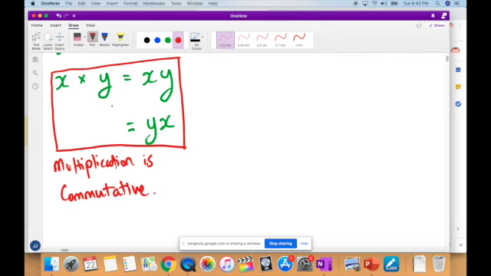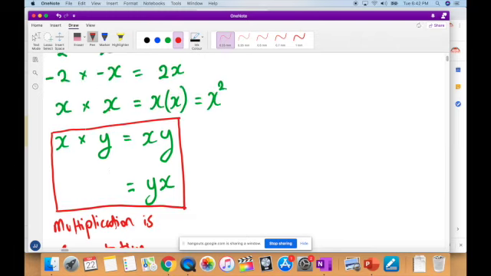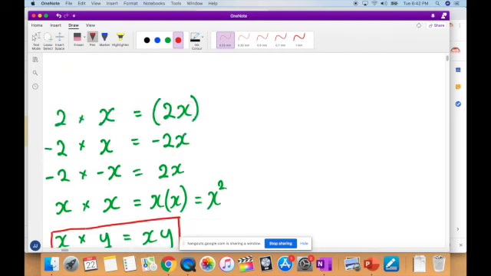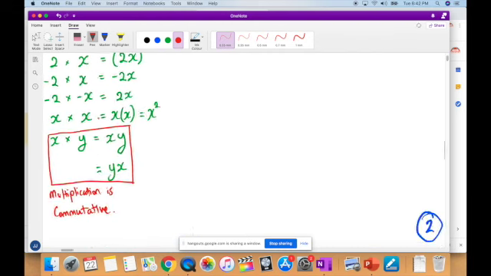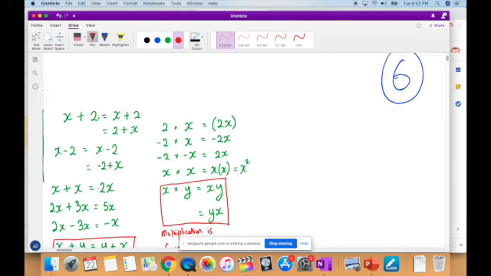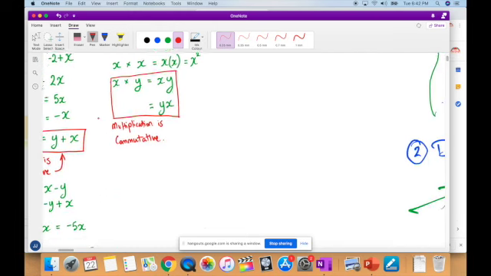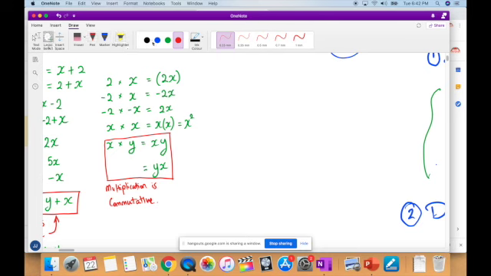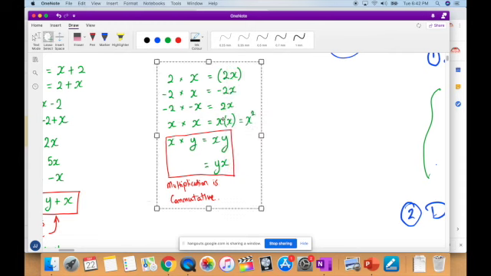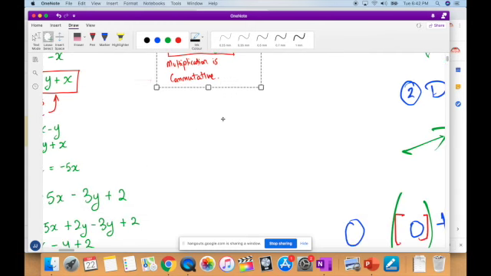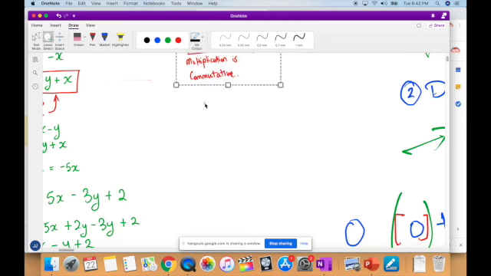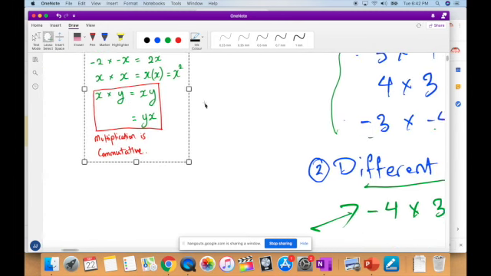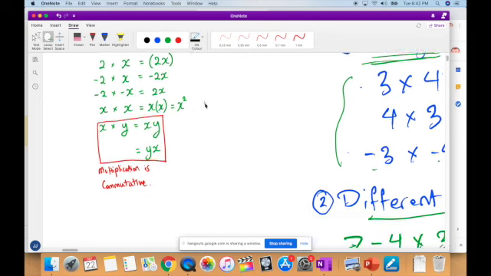So you see here that we have a generalization for multiplication being commutative.